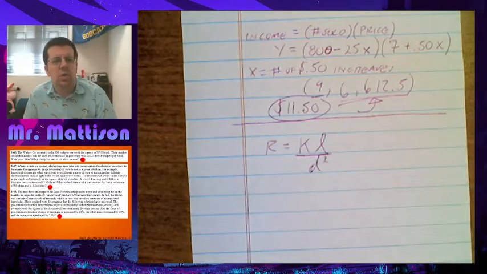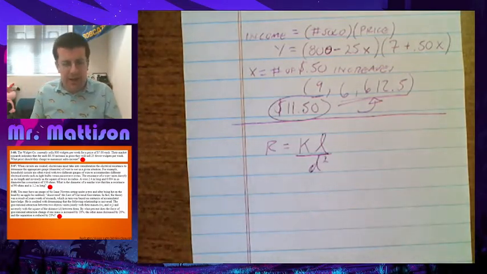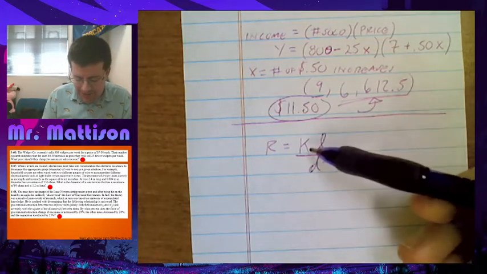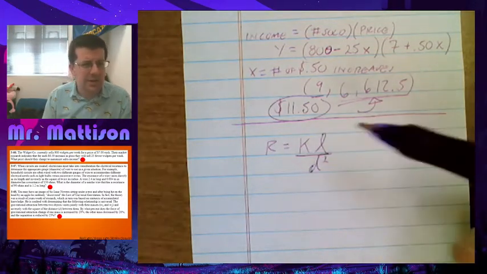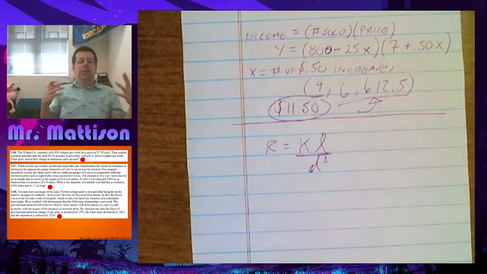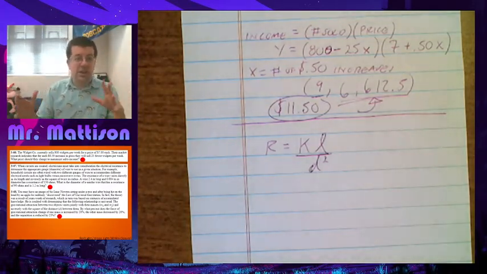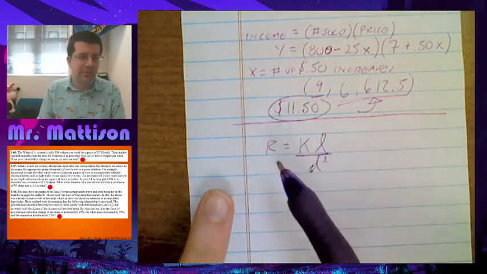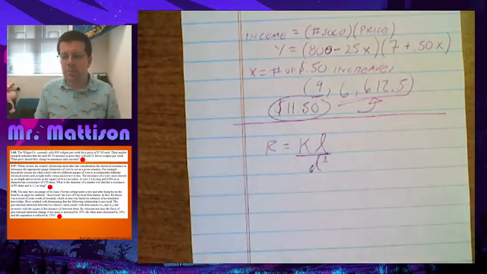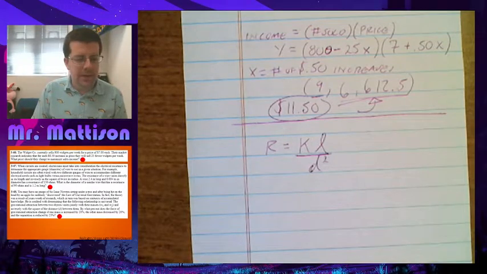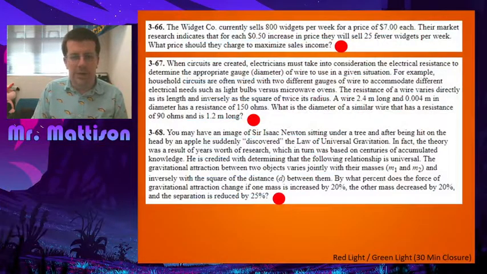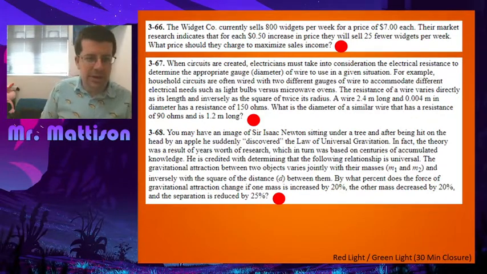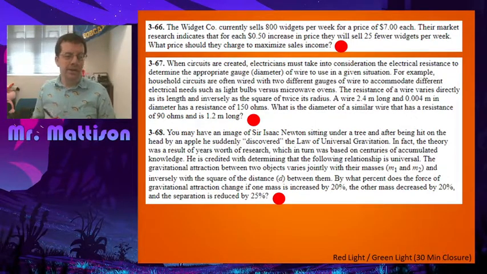We have to do this because every single material our wire might be made out of is going to have a different constant here. If it's copper versus aluminum versus gold, they're going to have drastically different resistances, or constants of resistance. Okay, so you give us a piece of information about our wire and say, hey, when it's 2.4 meters long and 0.004 meters, it has a resistance of 150 ohms.